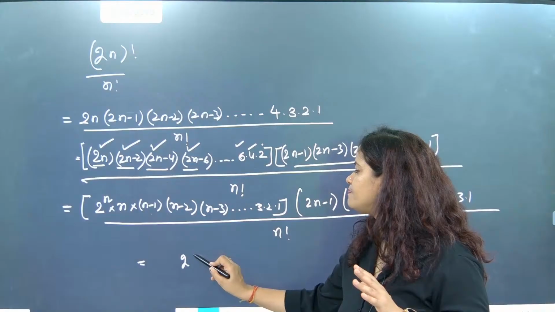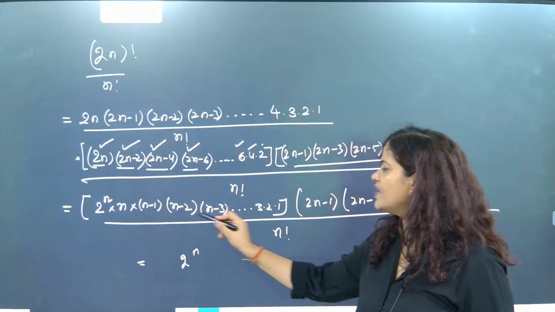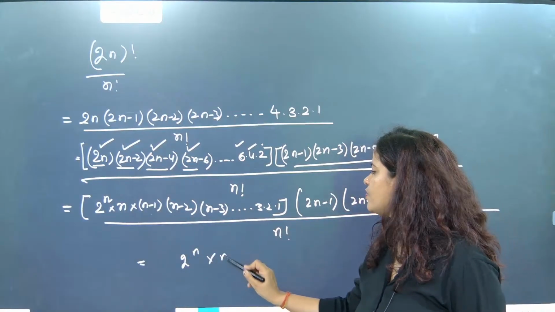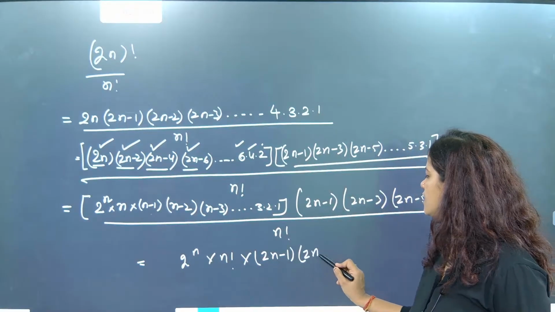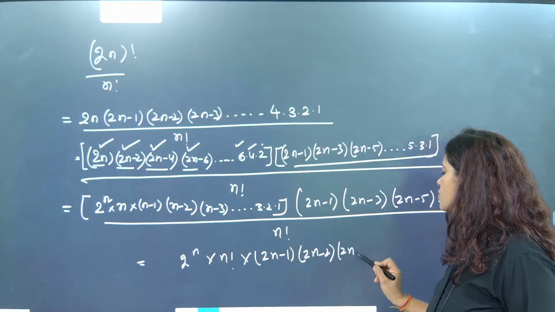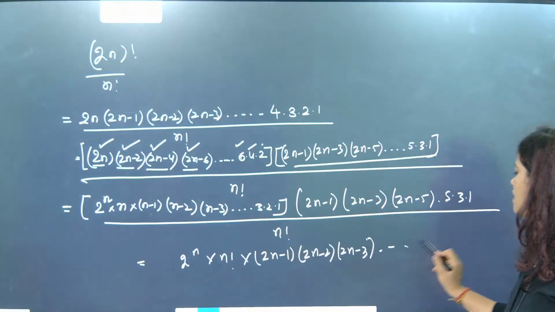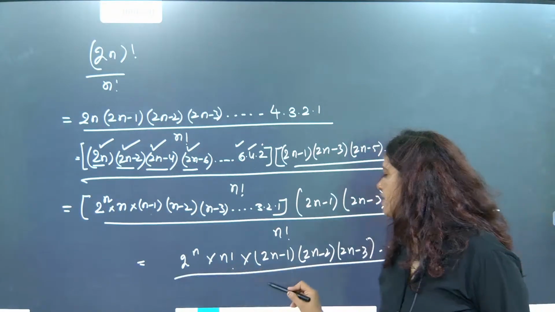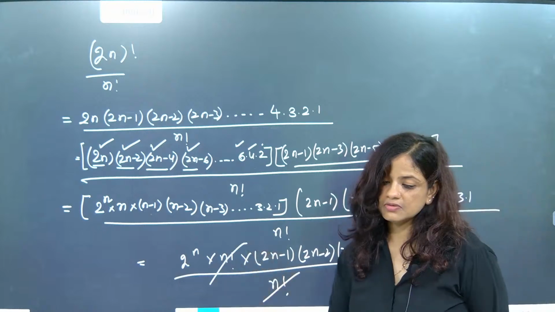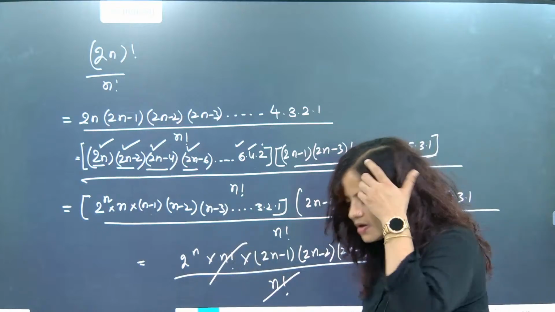The n, n minus 1, n minus 2 product becomes n factorial, which cancels with the denominator. So that is gone. Story over.